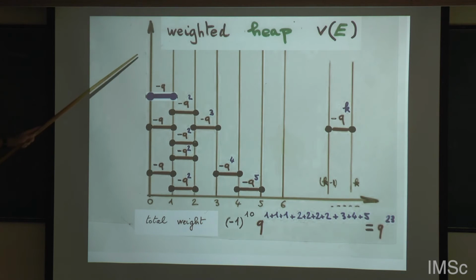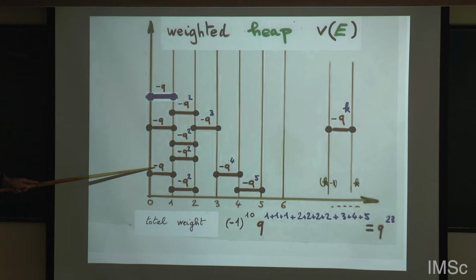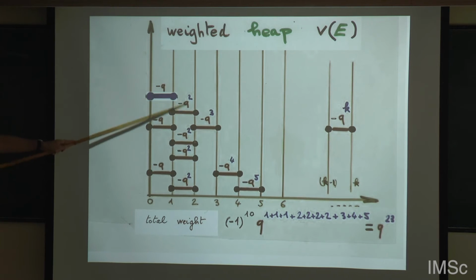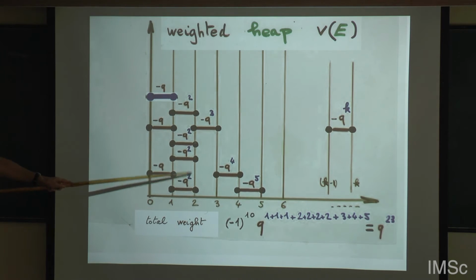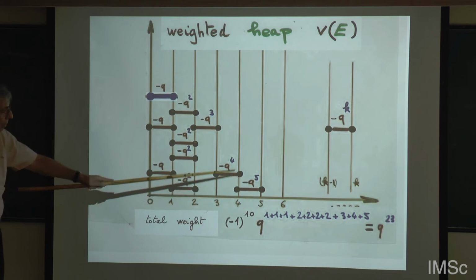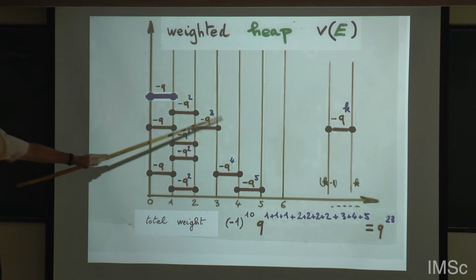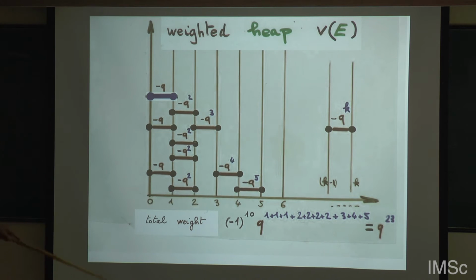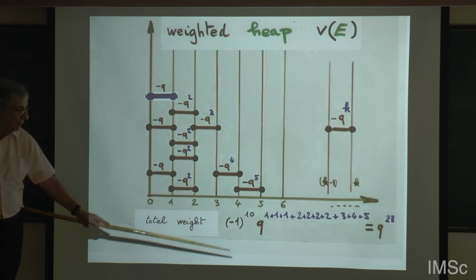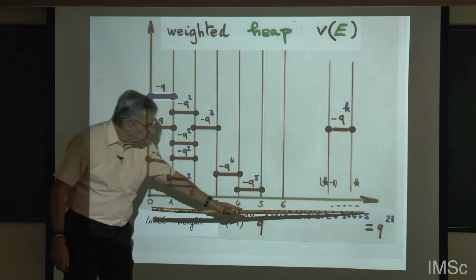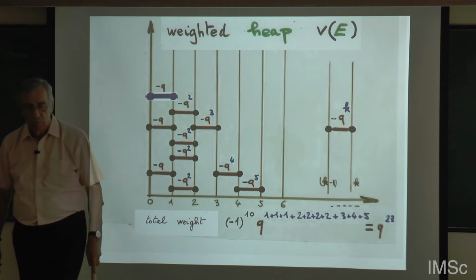So for example, you see this is a semi-pyramid, and the projection of this is 0, 1, so I will put a weight minus q. Projection in 1, 2, I put all these dimers have weight minus q2, minus q3, minus q4, minus q5, so the total weight of this semi-pyramid is minus 1 power 10 q power 23.